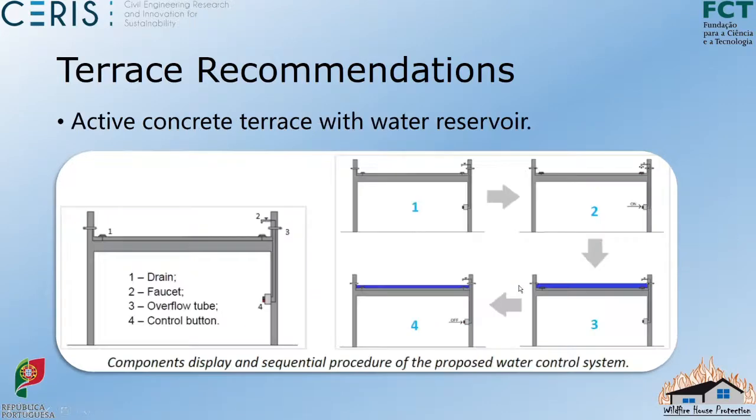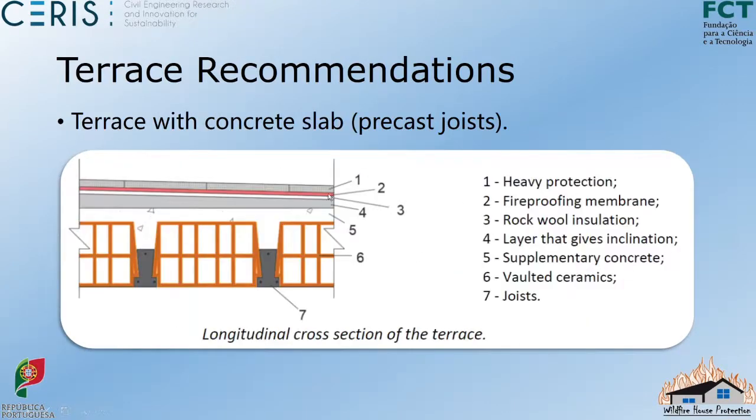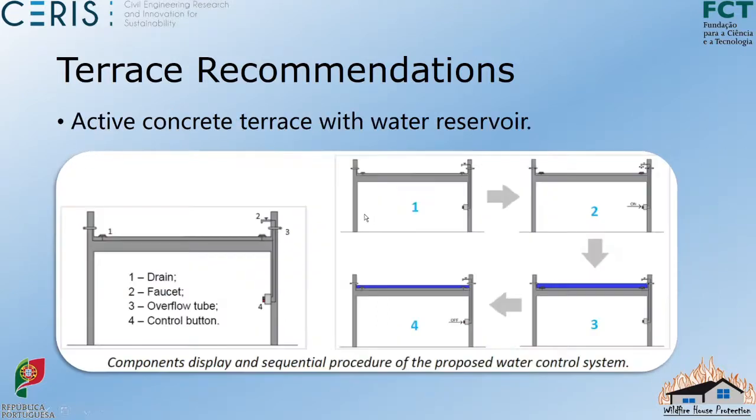But if you want to go any further, if you don't want to have all these protections, you can have something we call an active protection, in which you have a terrace with a drain, and you have a system where the water comes out. You open this and the water comes out, like you need at least 2 centimeters.